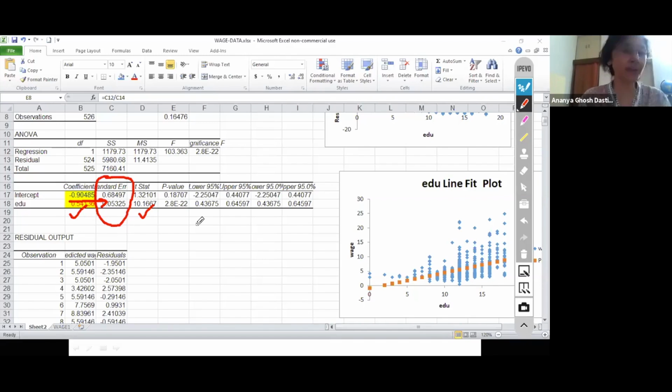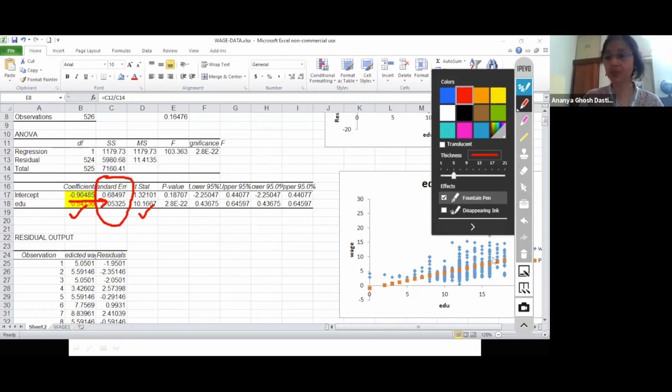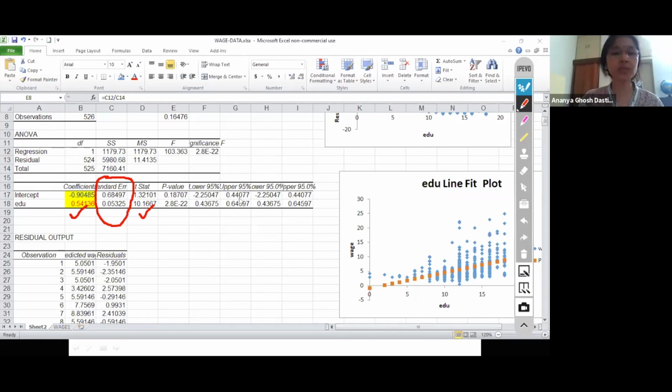Not the standard deviation but the standard error. Sigma is the standard deviation, sigma hat, which is an estimate, is the standard error. And it is so important that it is actually also estimated.